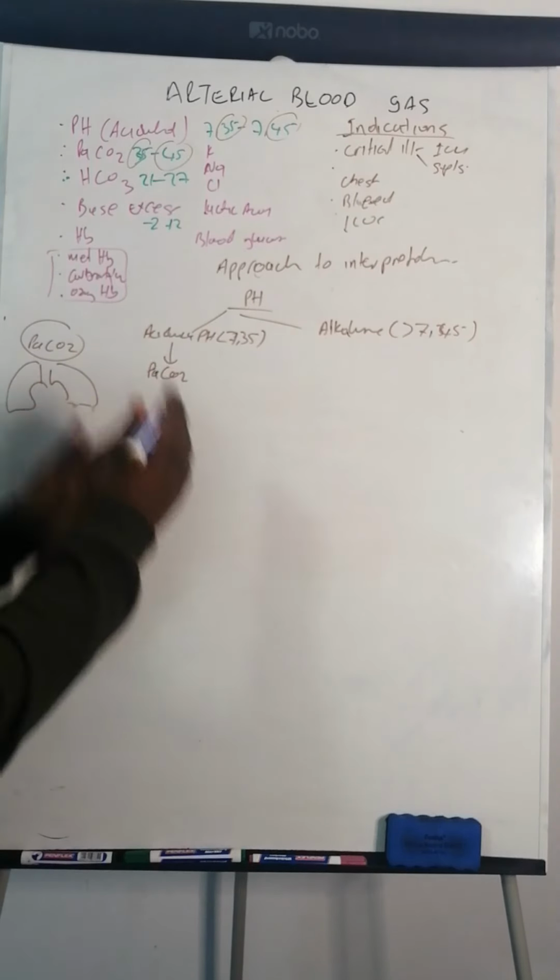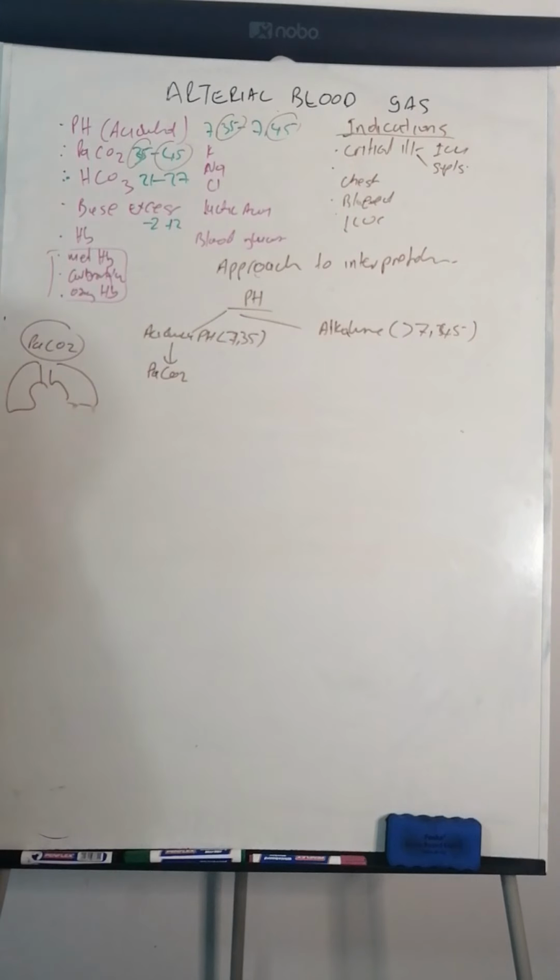So if I've got acidity and my partial pressure of CO2 does agree that the acidity is from CO2, then that's respiratory. But if I've got acidity, but the partial pressure of my CO2 does not agree with acidity, it means that that acidity is not respiratory. It must be metabolic.